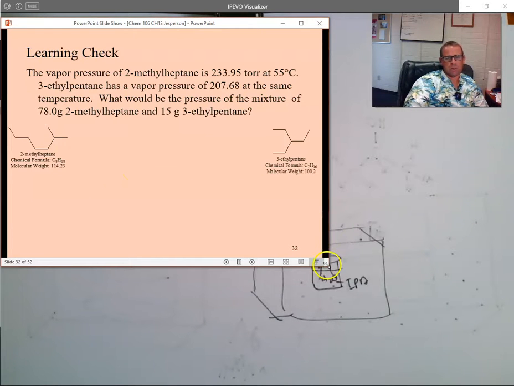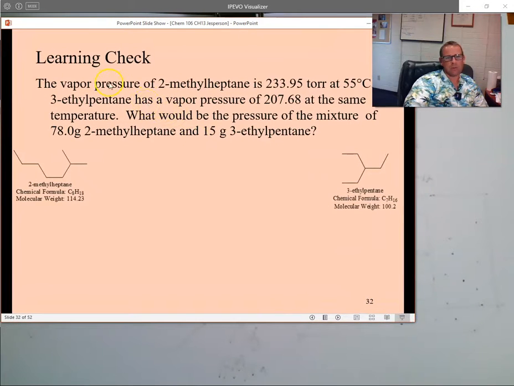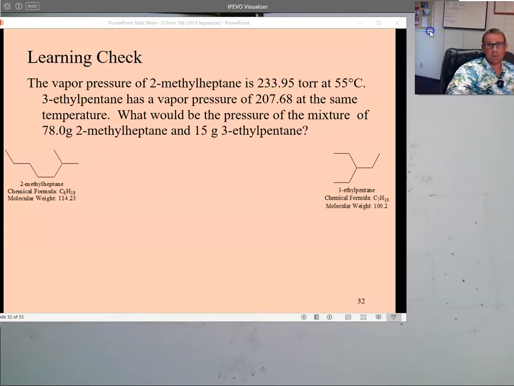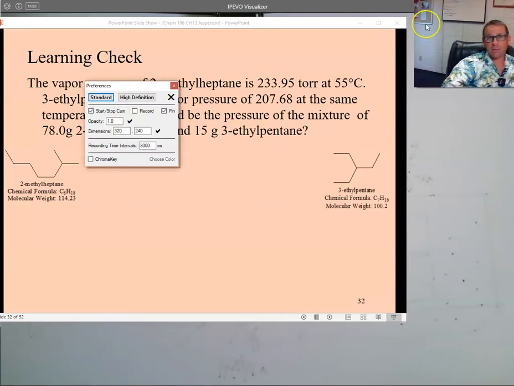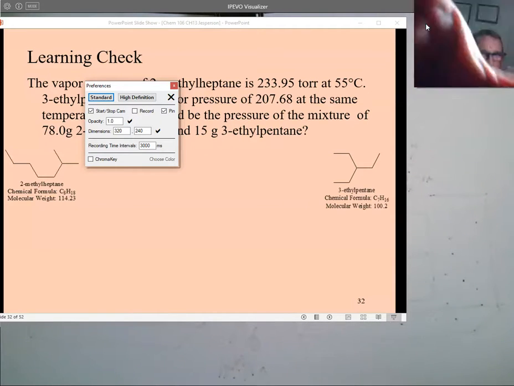All right, so that brings us to a problem like this, where we have 2 compounds, 2-methylheptane and 3-ethylheptane. All right, both of these compounds are volatile, and volatile is the word that means they will evaporate at room temperature.